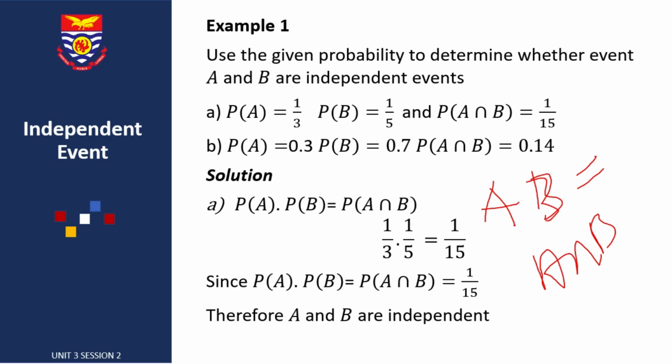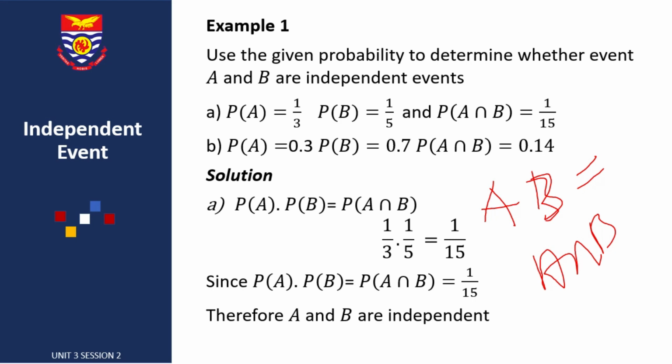Multiplying those two probabilities together gives 1/15. Comparing that to the probability of A intersection B given in the question, that is also 1/15. Since the probability of A times the probability of B equals the probability of A intersection B, which is 1/15, we can confidently and conclusively say that the two events, A and B, are independent.